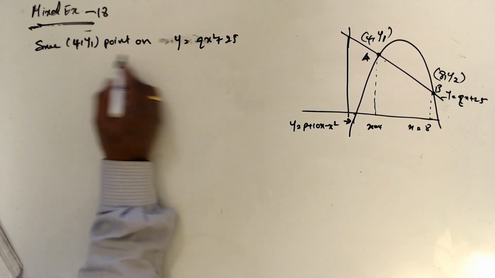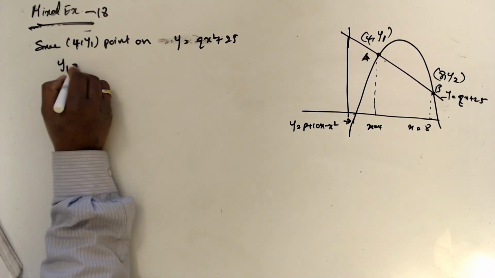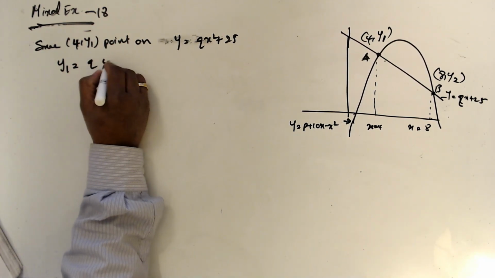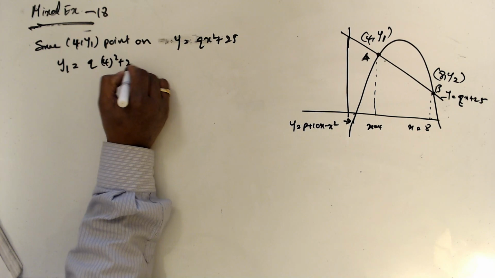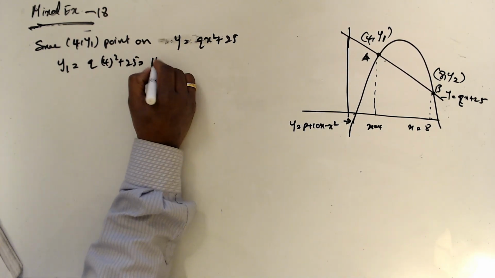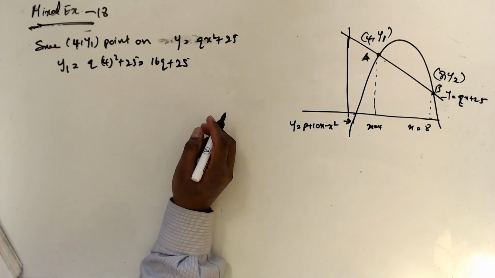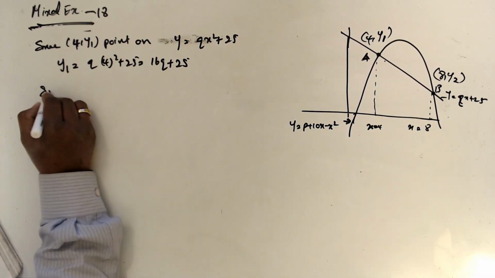I can write y equal y1. This is q times 4 square plus 25. So 16q plus 25.